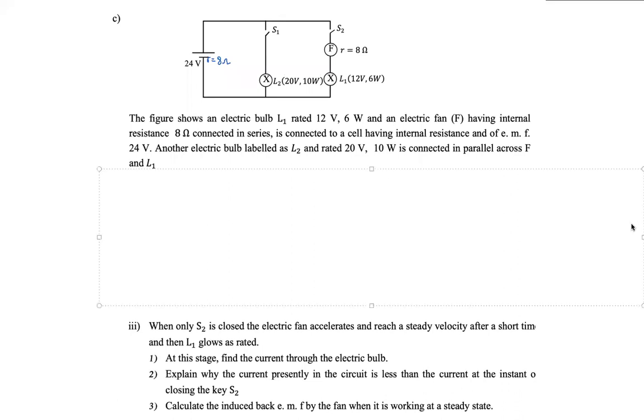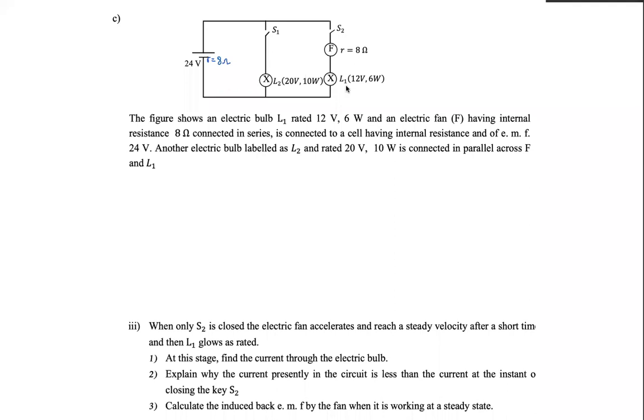See, they are saying L1 glows as rated. What is the meaning of that one? That means L1 is glowing as rated. That means it has the current required. At this stage, find the current through the electric bulb.